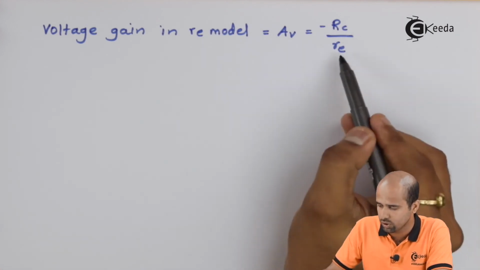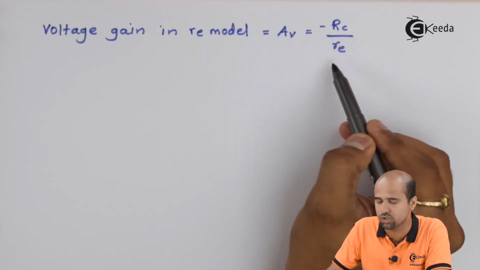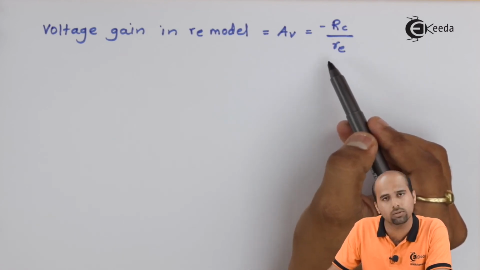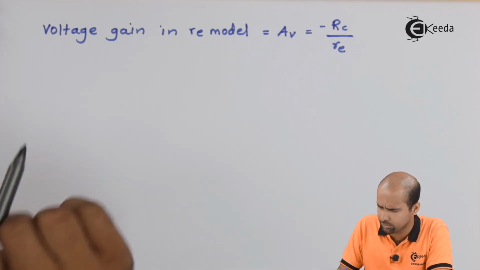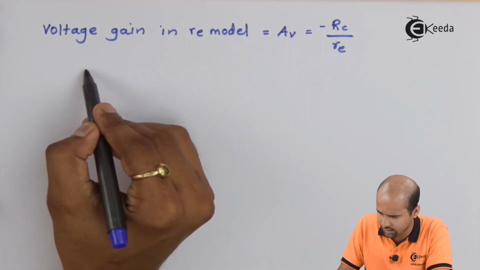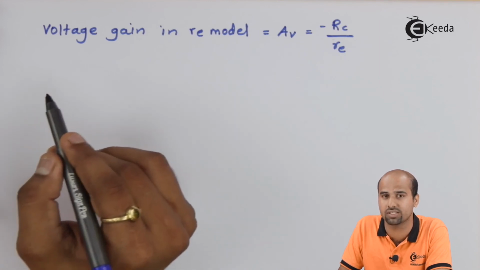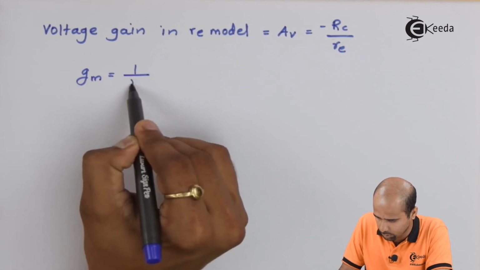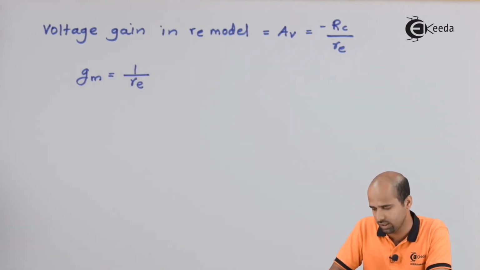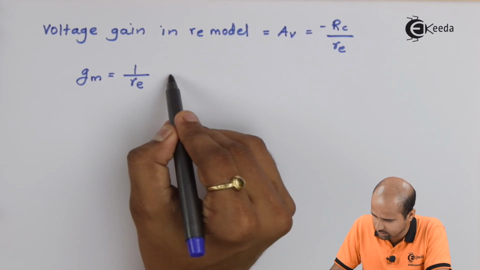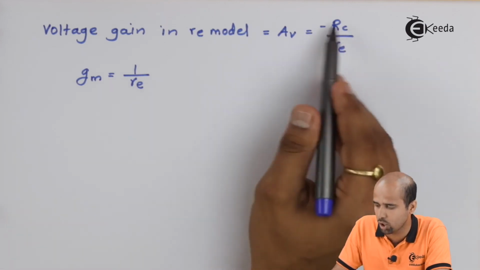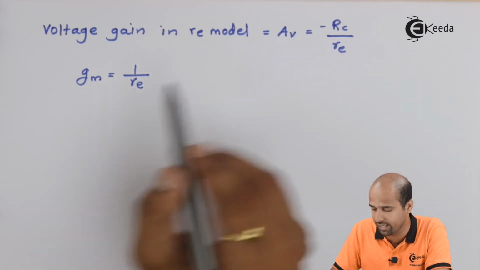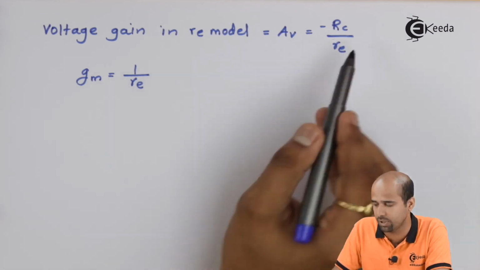Now what we have to do, we have to get the relationship between small re and r pi, right? I know that, keep this in mind, I know what is re and what is r pi and what is gm. I know gm is equal to 1 upon re, right? And we can get that 1 upon re is already there in the formula. So why can't I use this gm in my formula?